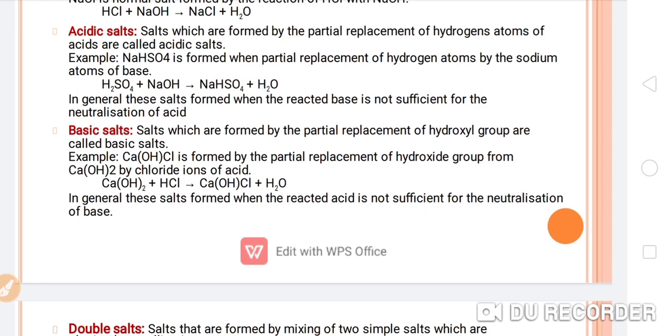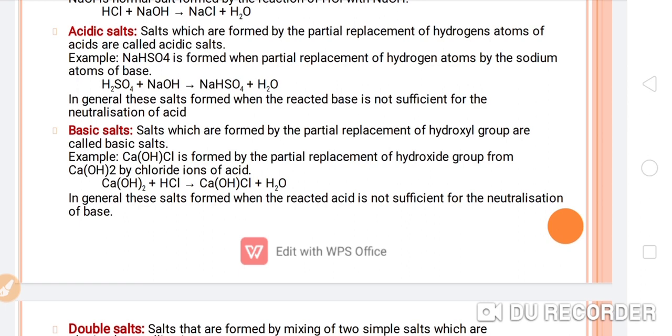We react calcium hydroxide with HCl, and only a partial hydroxide ion has been replaced from the calcium hydroxide and it will convert into Ca(OH)Cl, and H2O will form. In general, these salts form when the reacted acid is not sufficient for the neutralization of the base.